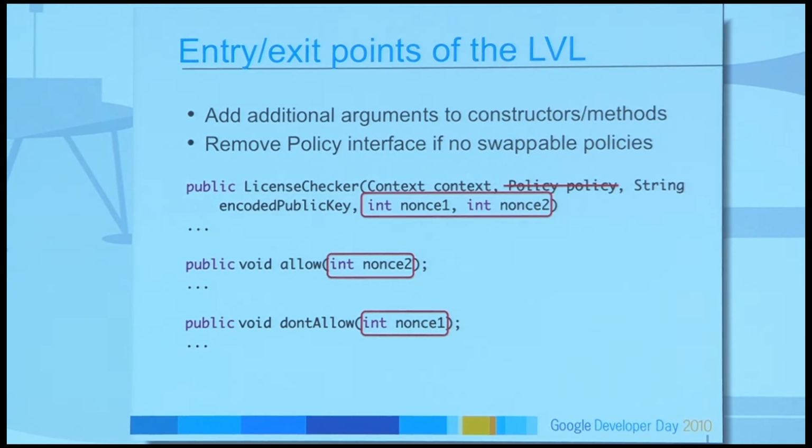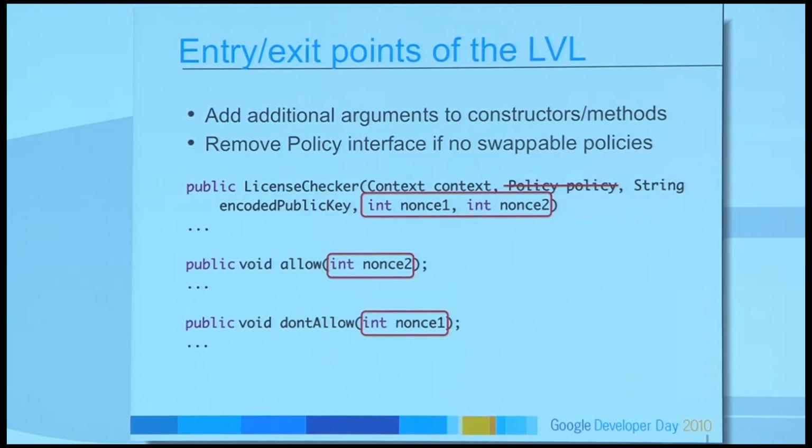Entry and exit points of the library. Some attackers may try to swap your implementation with their own version if the classes have a public interface. There are two ways you can counter this kind of attack. The first way is to add additional arguments to some important constructors or methods, just like the example here.